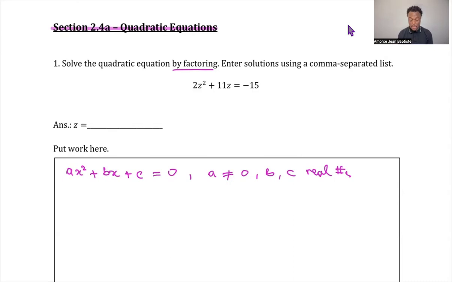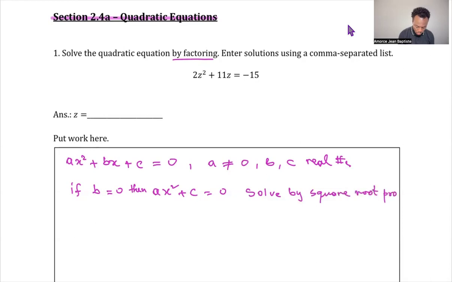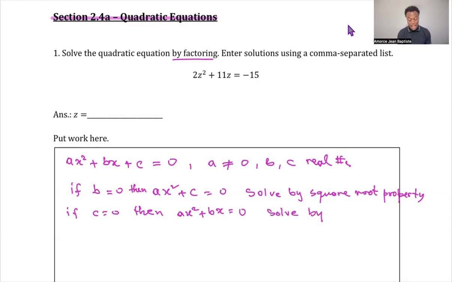And if b is 0, then you're going to have an expression like ax squared plus c equals 0, and you solve using the square root property.